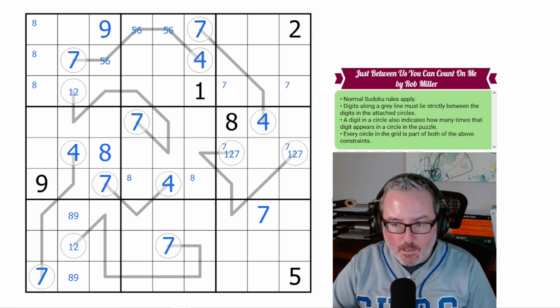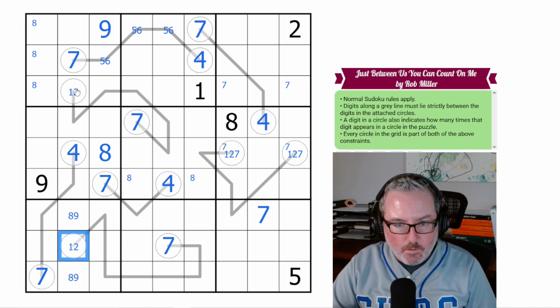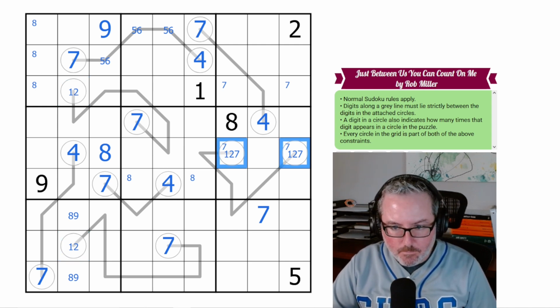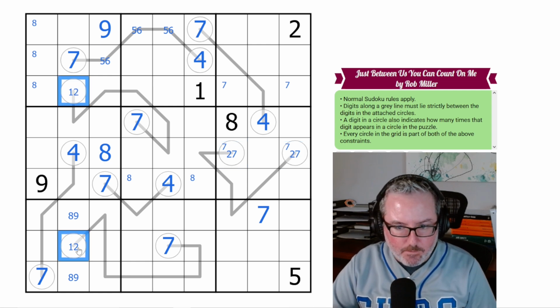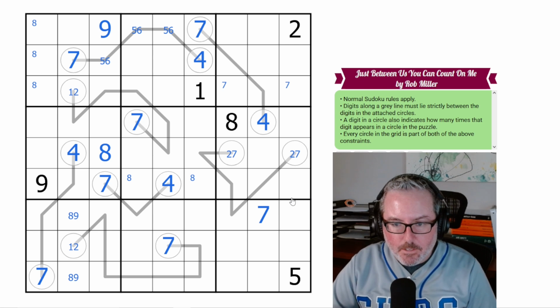So now we know we have a singular 1 and 2 2s and 1 more 7 to push. So we know one of the ones has to be here. So these can never be 1. So if I put a 1 in here, these would both have to be 2s, which would never work. So we have a 2-7 pair on these in-between lines. Now, can we do anything with those?